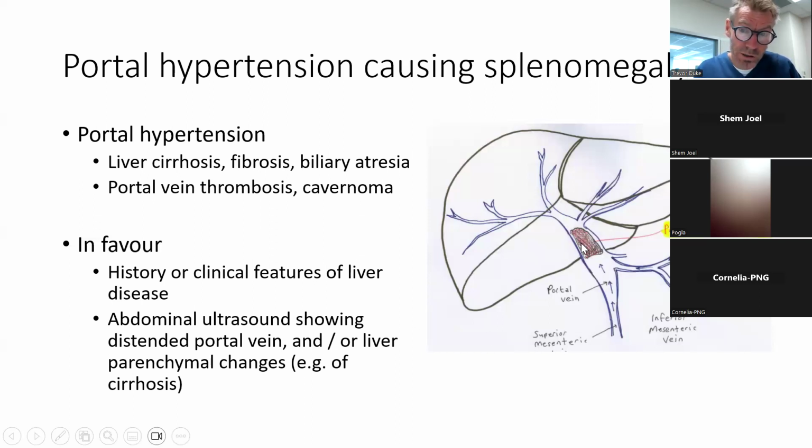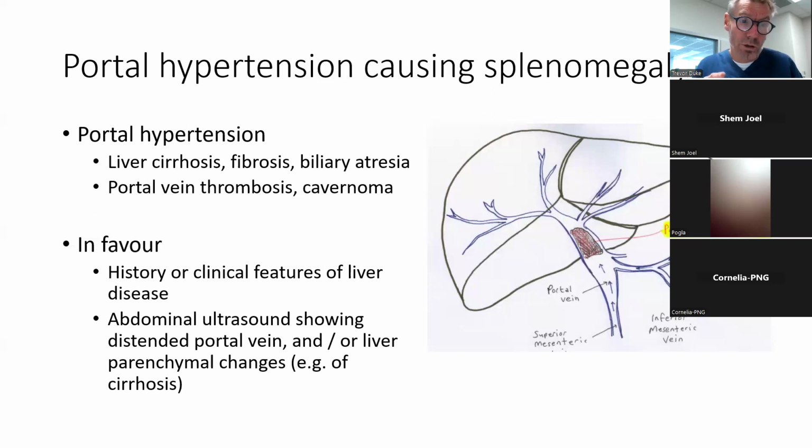But if there's a clot, if there's some obstruction to the portal vein, then the pressure inside the splenic vein and the mesenteric veins will be much higher, and that's portal hypertension. And that can occur because of any increase in resistance in the portal vein. You can have increased resistance in the portal vein because you've got a clot in the portal vein that will increase the downstream resistance.